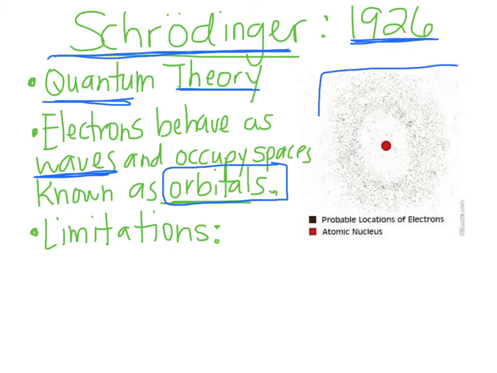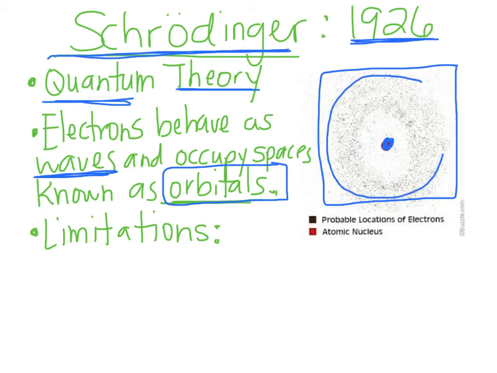He proposed a theory, and it looks like this. So here's the nucleus, and based on the mathematical equation, he realized that there was a particular region where there was a high probability of where that electron would be. And so the darker the space, the more probable the location of the electron. So obviously that is a big limitation.